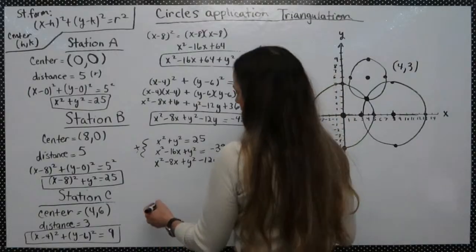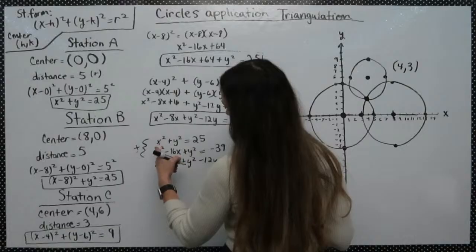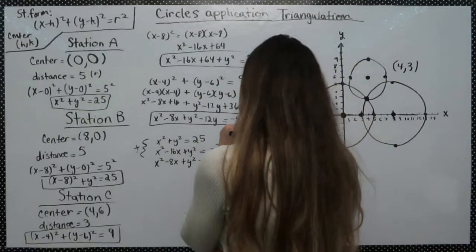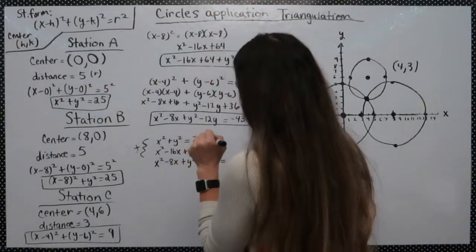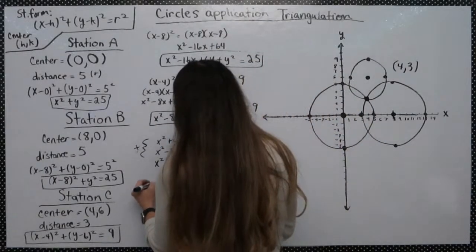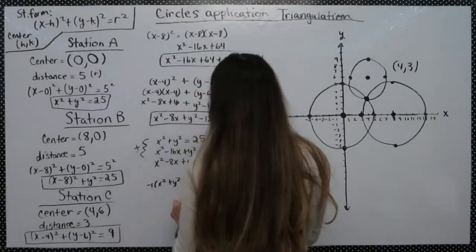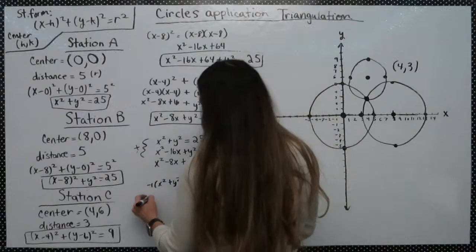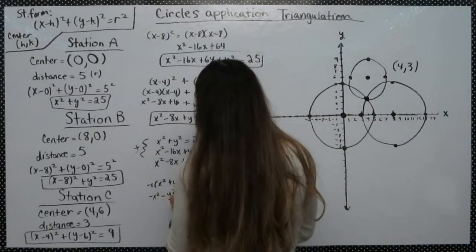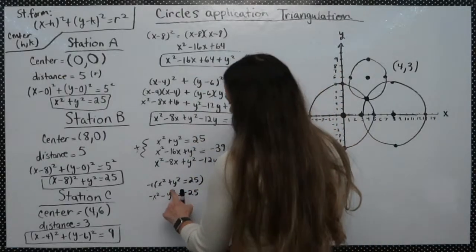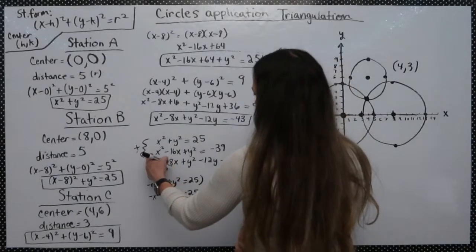All right, so I've got, we're not going to add them. What we're going to do is manipulate. We'll multiply the first one by -1. So we'll say -1 times (x² + y² = 25), and it's going to be -x² - y² = -25. And then I'm just going to add it to the second one.